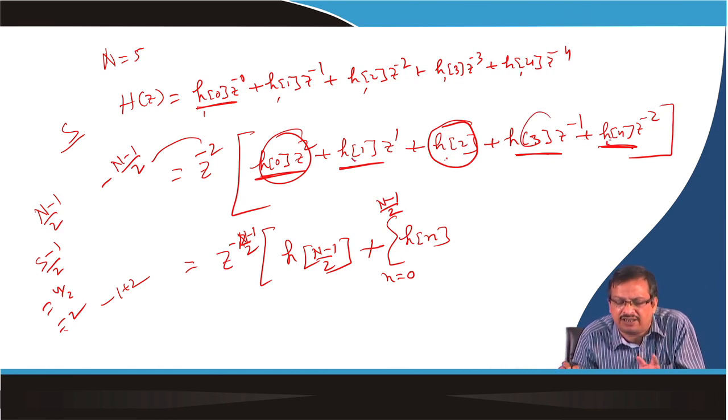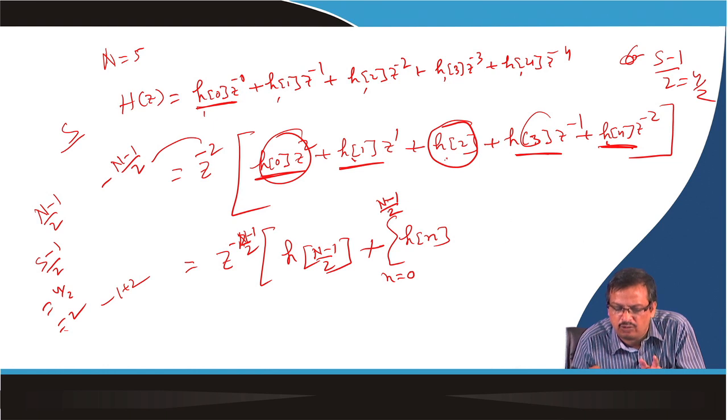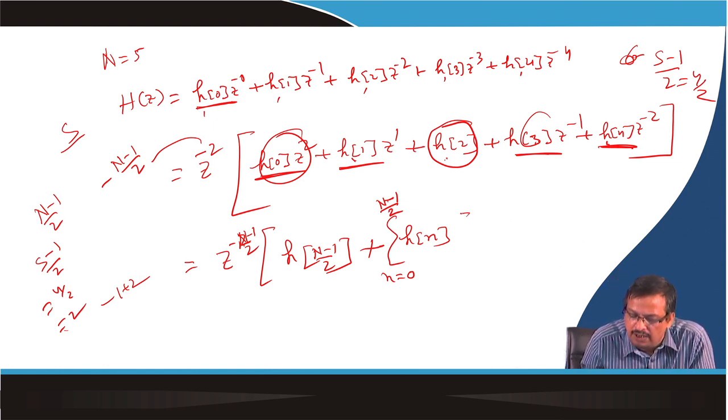So in case of 5, n equal to 0 to (5 minus 1) divided by 2, so 4 by 2. So the sum over n from 0 to (n minus 1) divided by 2, h of n into z to the power minus (n minus 1)/2 plus n, plus or minus z to the power minus (n minus 1)/2 minus n.